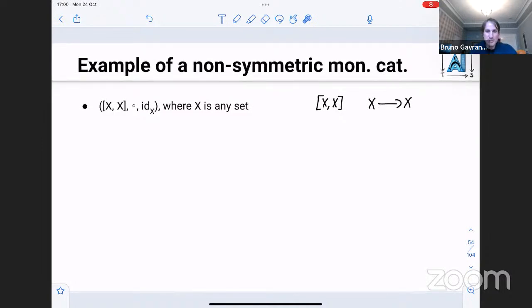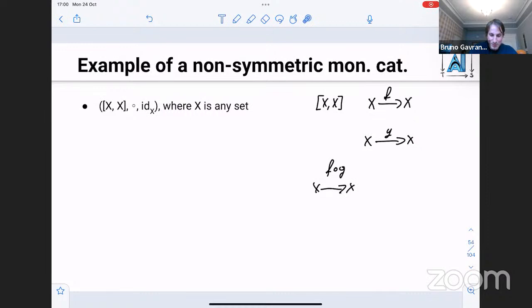So let's try to understand what this means. This means that if I give you a function f from x to x, and I give you another function g from x to x, I can form a composite, which is going to be called f composed with g, which is another function from x to x.